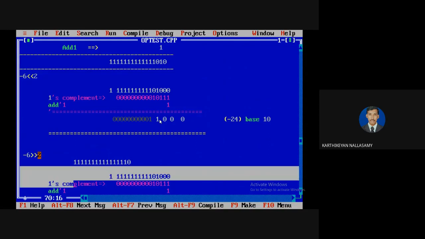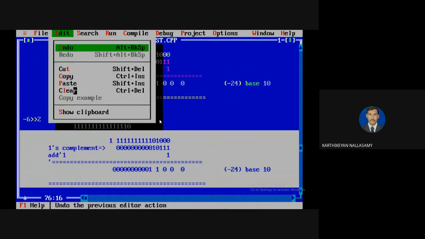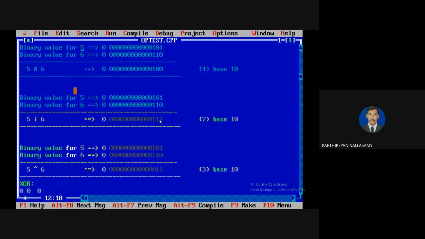So we need to convert the remaining bits into the negative number. And if I add a 1, I'm getting 2. I'm getting that as the final answer. So if I'm right shifting by 2, it will show -2.